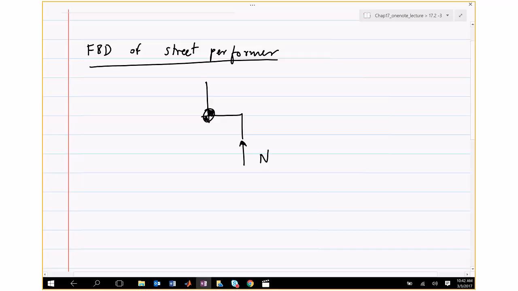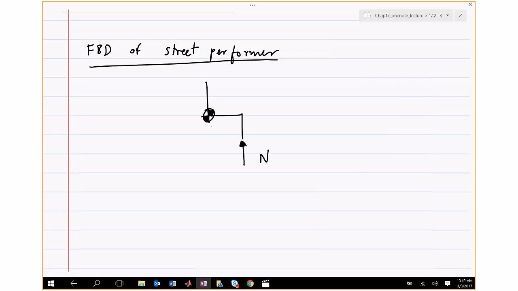We don't have correction. What's that? Friction. I think there's no friction. Well, we can put friction there, but I don't think friction plays a big role there.